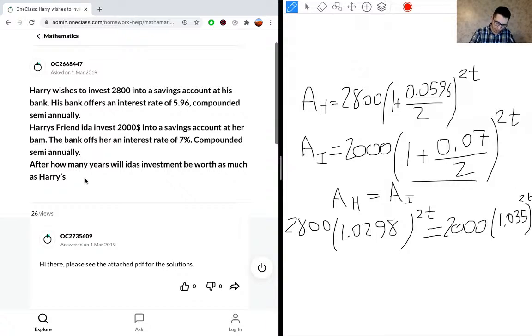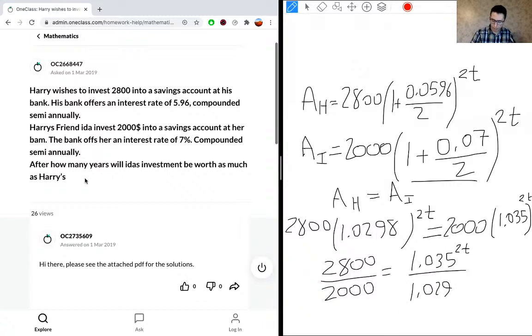Okay, so now we divide both sides by 2,000. Essentially you want to take the 2,000 and 2,800 and put them on the same side. So we'll get 2,800 over 2,000. And then we'll move this to the other side by dividing both sides. So this gets eliminated on one side. So we'll have 1.035 to the power of 2t divided by 1.0298 to the power of 2t.